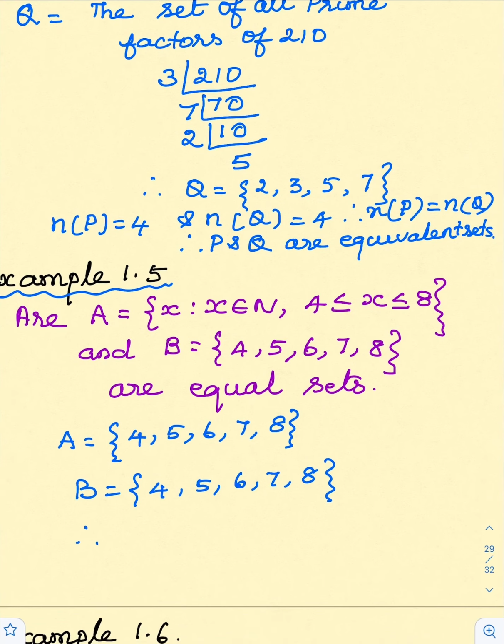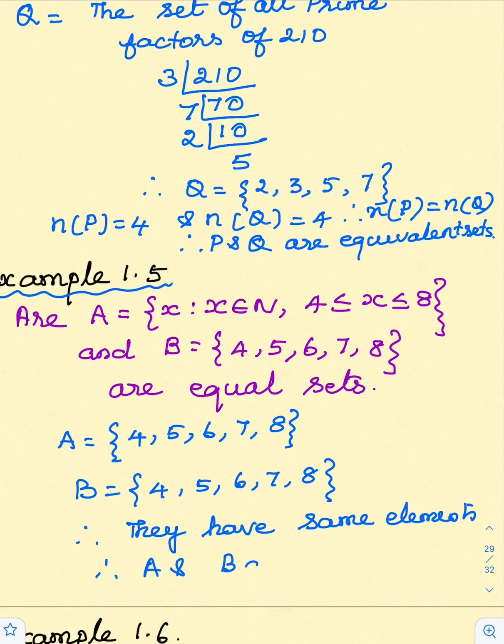Therefore, they have the same elements. Therefore, A and B are equal sets.